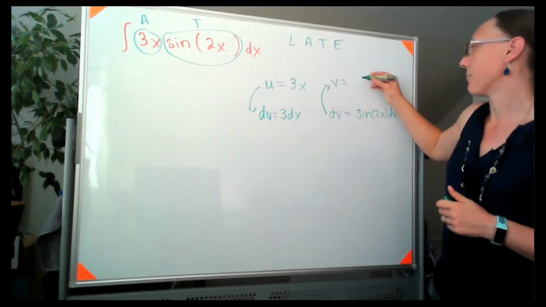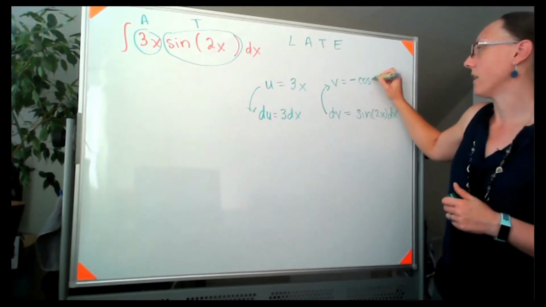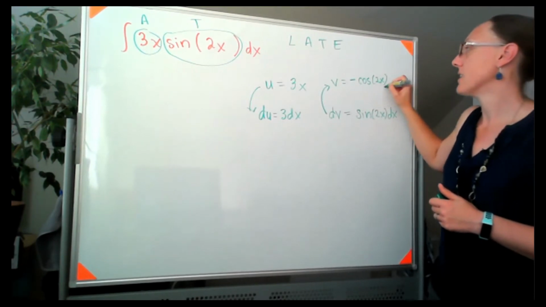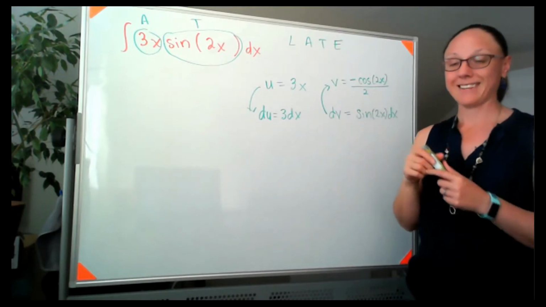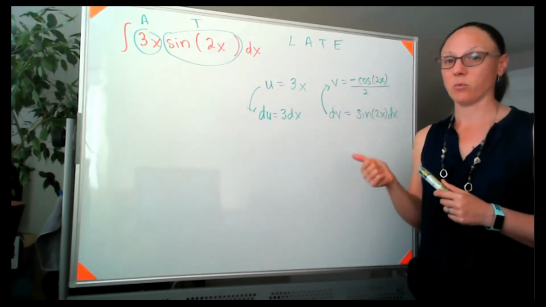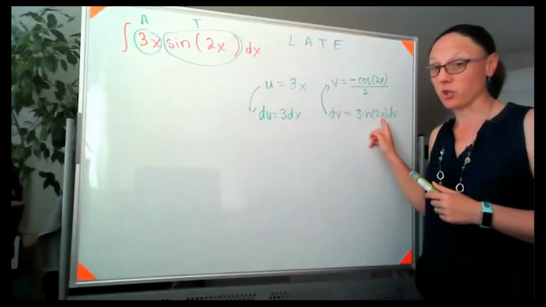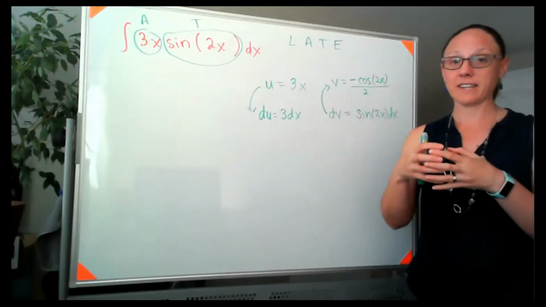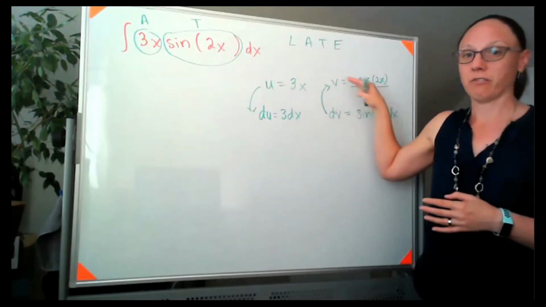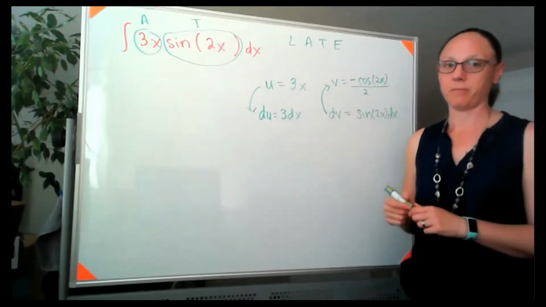And I'm looking at negative cosine of 2x all over 2. That dividing by 2 part is me sort of undoing the chain rule because of the 2x inside of the trig. I'm going to glue all of that together with my ultraviolet voodoo formula. It's not mine.